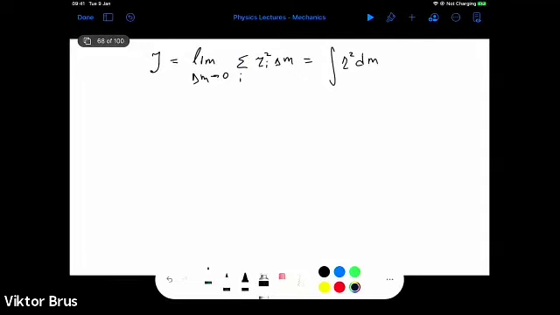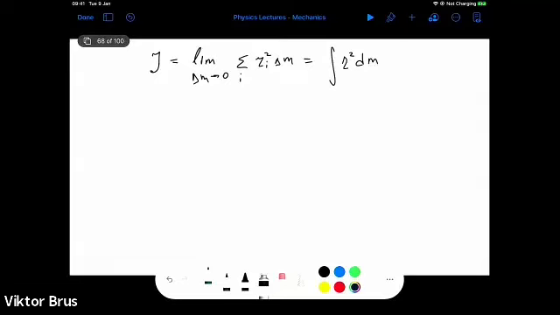So it is convenient to operate not with small masses, but small volumes, because when we integrate, it's much more convenient to integrate over volume. So we can choose the appropriate system of coordinates for different shapes, and it will make our life easier.